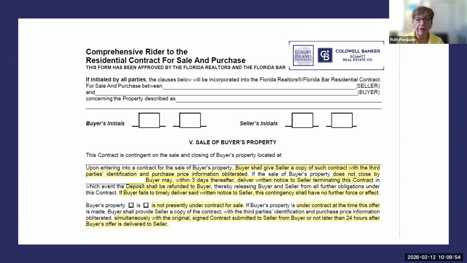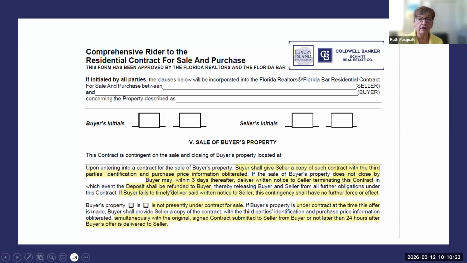So he's under contract, and now you have to insert a date in here. If the sale of the buyer's property does not close by X, so now the buyer has to tell you when that property is going to close. Buyer may, within 3 days thereafter, deliver written notice to the seller terminating this contract, in which event the deposit will be refunded.